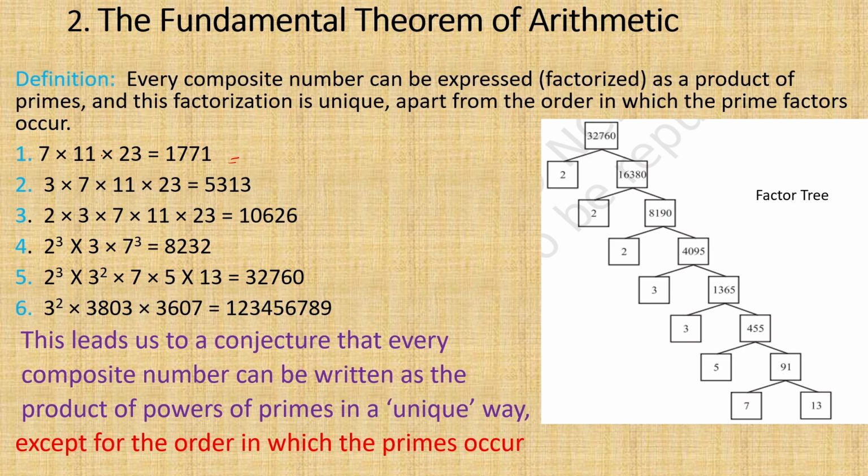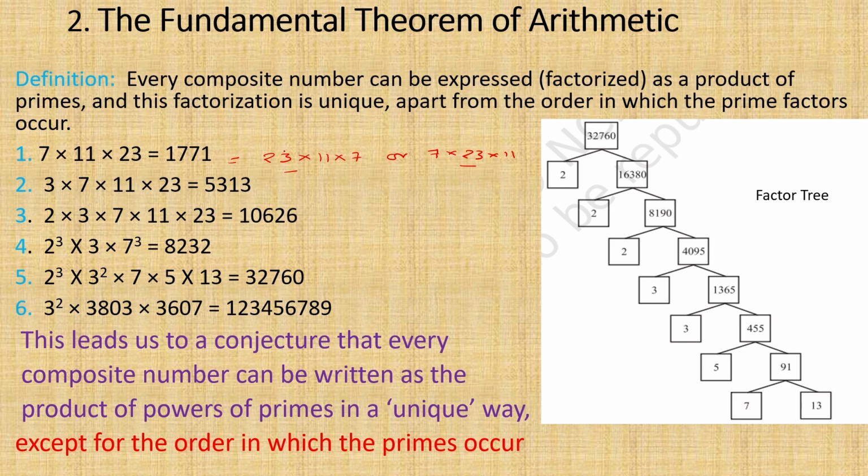So this combination is unique, and the order may be changed. That means we can write it like 23 into 11 into 7, or 7 into 23 into 11. We can change the order, but this combination is unique.